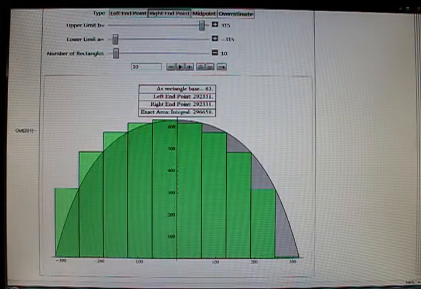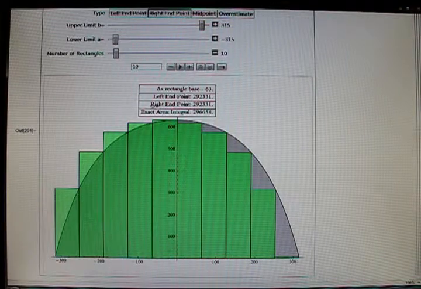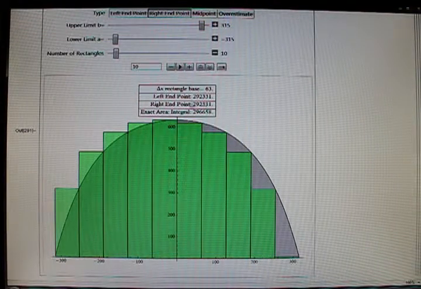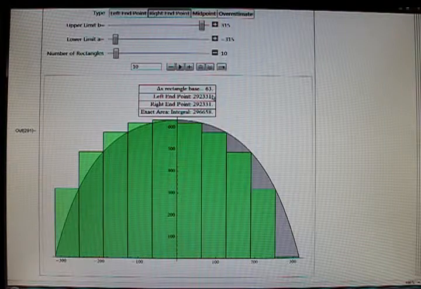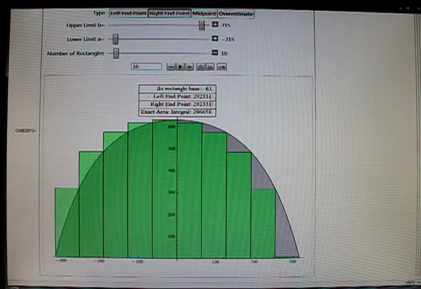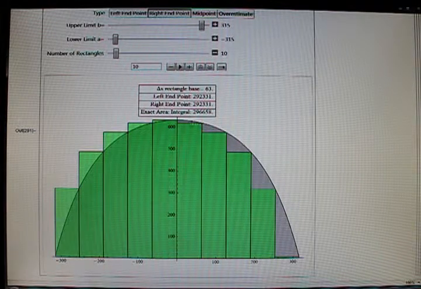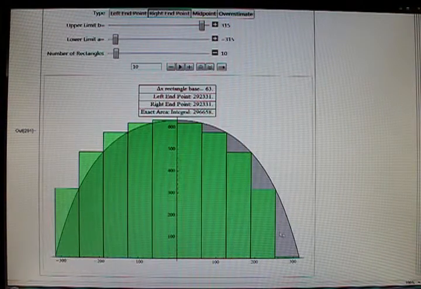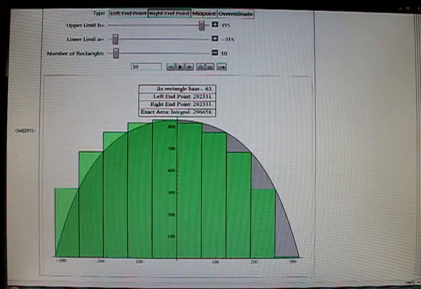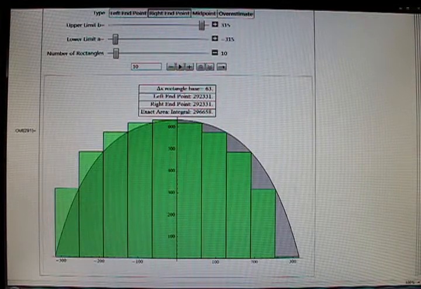So I have number of rectangles is 10. These are my limits. We're using the right endpoint, and you see that the right endpoint gives me 292,331, and the left endpoint gives the same exact answer because we are looking at a symmetric arch, and the amount of overestimation here is equal to the underestimation here. And that's why this answer is not exact. It's just an estimation because we do have this overestimation here and this underestimation here.